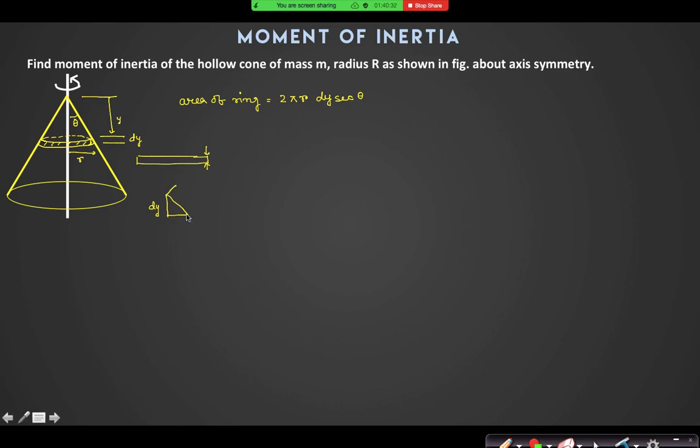So what is this length? If this is theta, is it dy sec theta or not? That is why I have taken this as dy sec theta. Have you got this one, everyone? From similar triangle, I can also write y by r is equal to h by capital R.